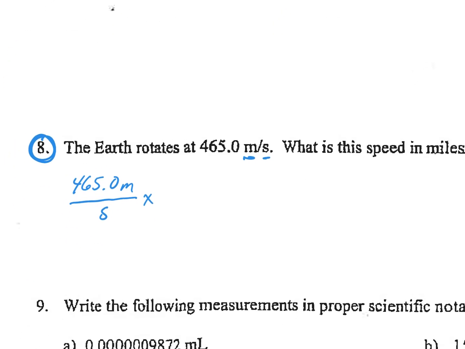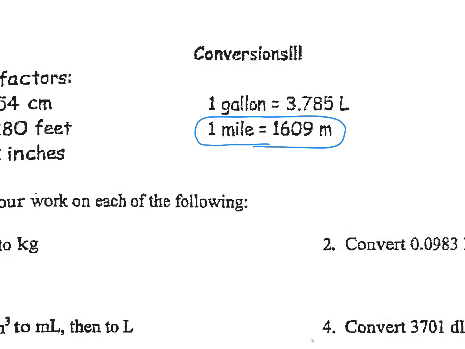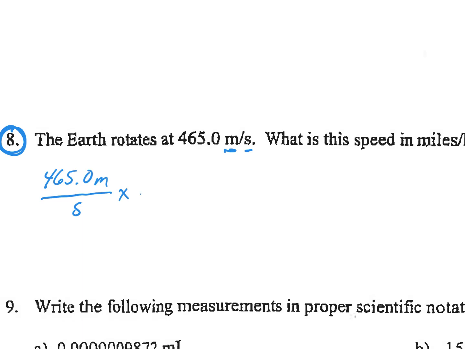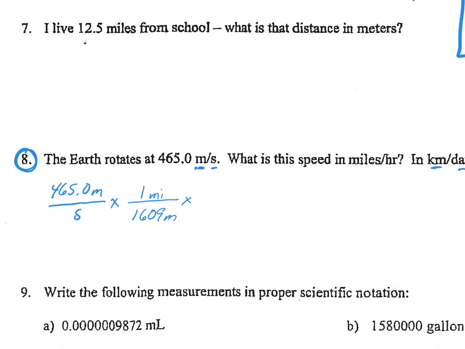So it's 1609 meters per 1 mile. 1609 for 1 mile. All right, great. So I guess this isn't going to be that complicated. Sometimes we have to do more converting in order to get from meters to miles, but we were given the right conversion factor right off the bat, so that's great.